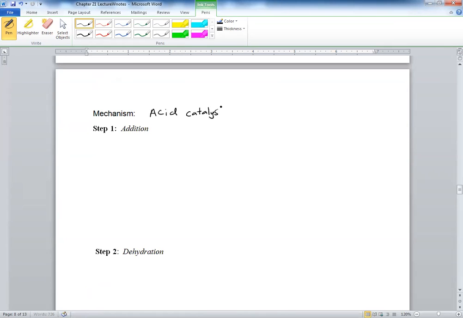And we usually need a pH of around 5, so not a strong acid, and we'll explain this. So let's look at the mechanism.